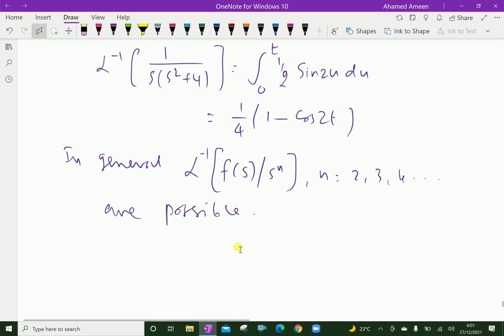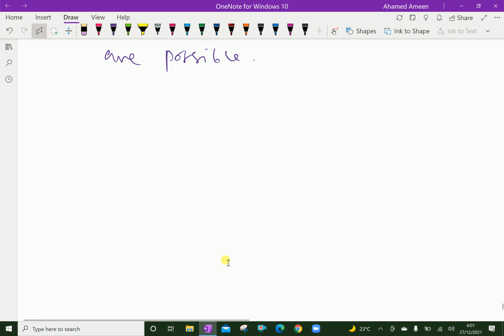Next property is the convolution property.